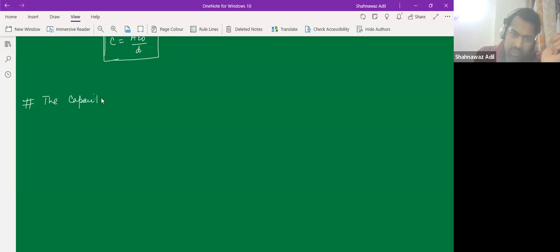Capacitance of a parallel plate capacitor with dielectric.